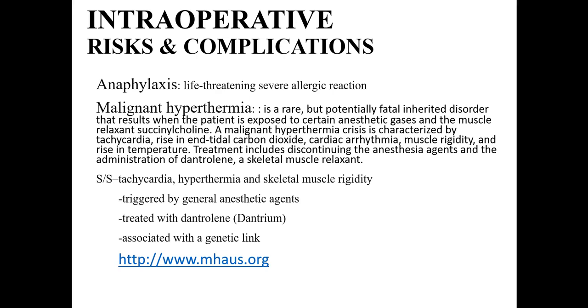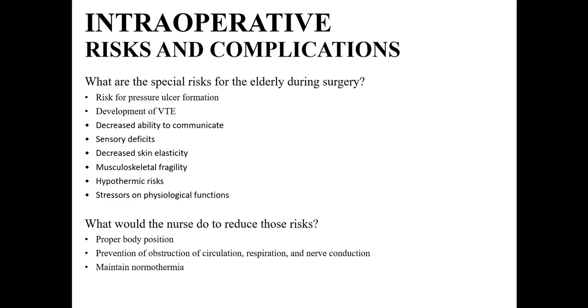Alrighty. And I have some information explaining the complications that can occur during surgery. These are some other things that you talk about with the complications. Elderly: you want to monitor them all the time.